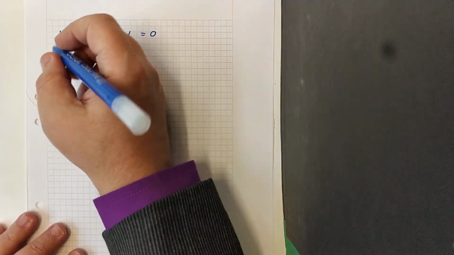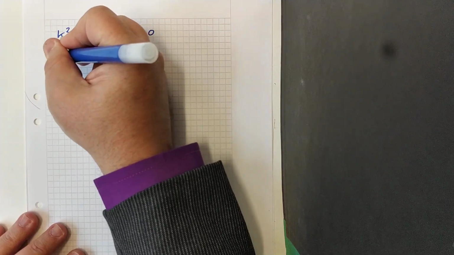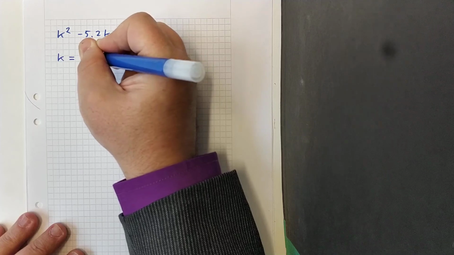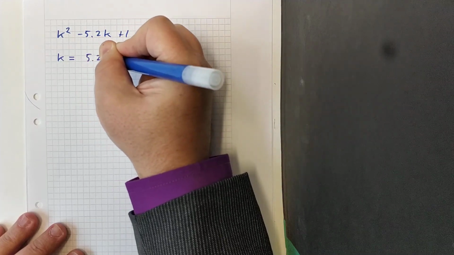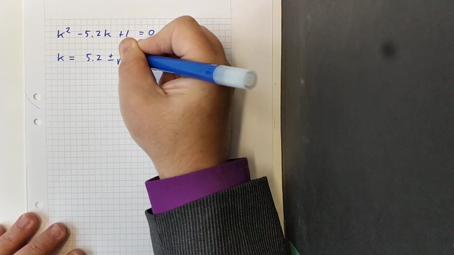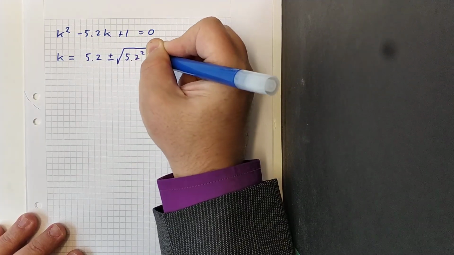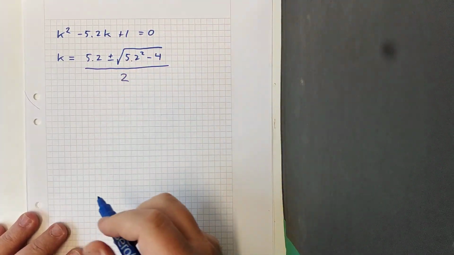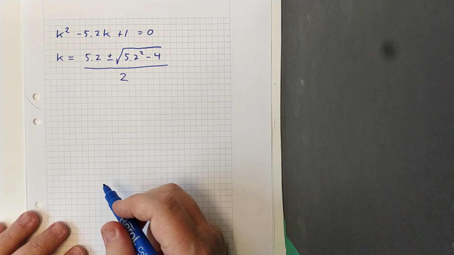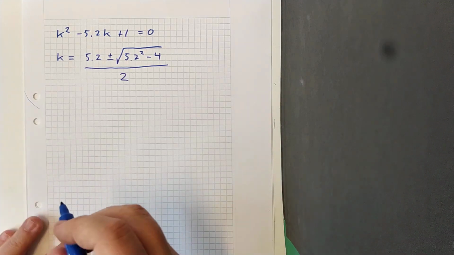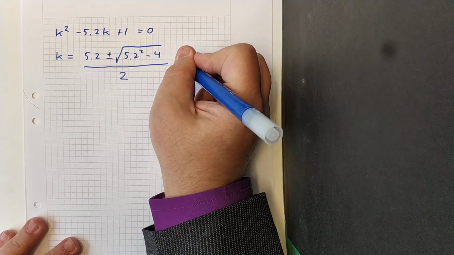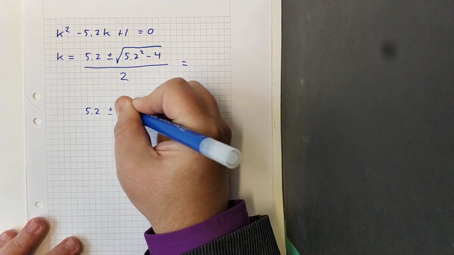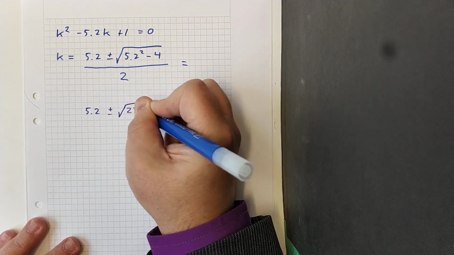So we apply the quadratic formula. We say that k in this case will be equal to 5.2 plus or minus the square root of 5.2 squared minus 4, everything divided by 2. It doesn't look all that neat, but it's going to sort itself out. This will be equal to 5.2 plus or minus the root of 23.04.